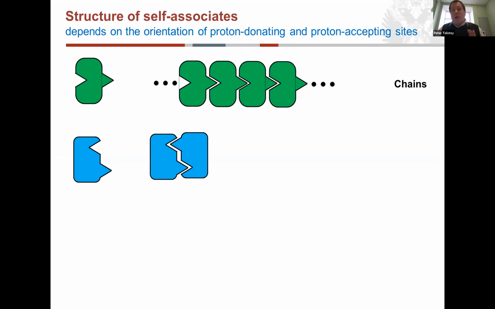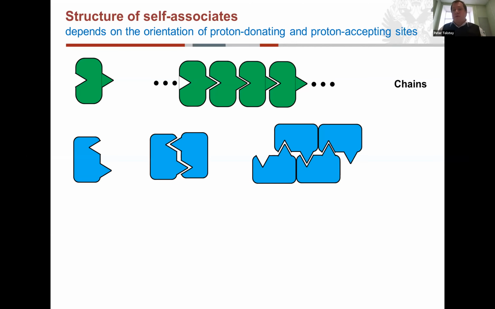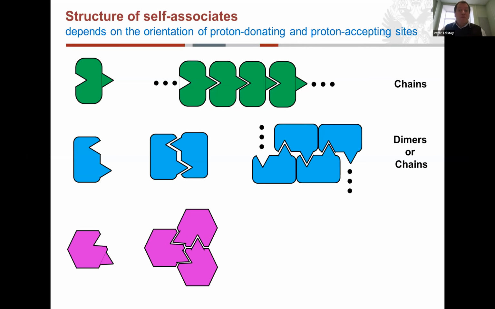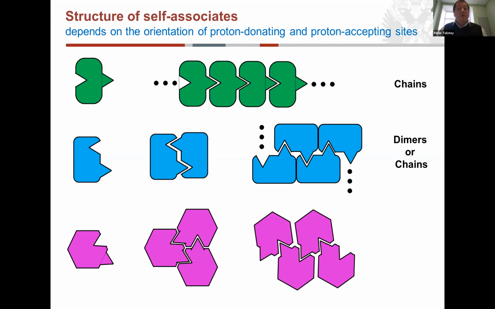And also they will be able to form infinite chains. Yet again, if we take yet another molecule and give it proton donating and proton accepting spots at an angle, then these molecules would be able to form more complicated self-aggregates, oligomers, clusters, and probably also infinite chains.